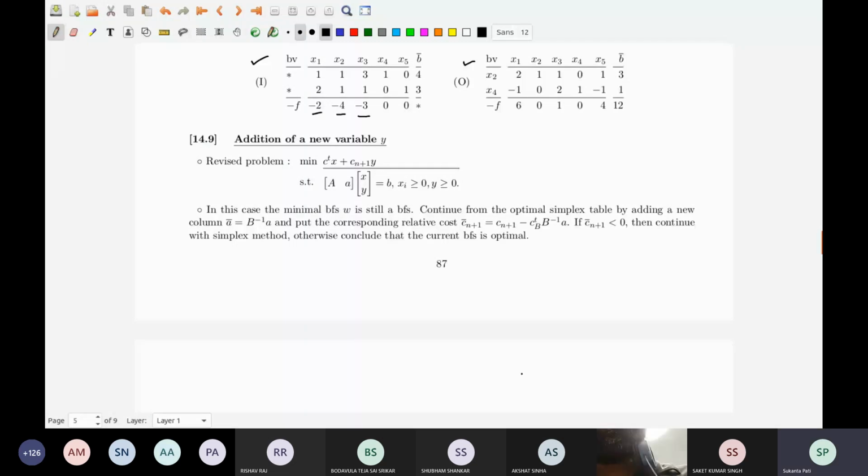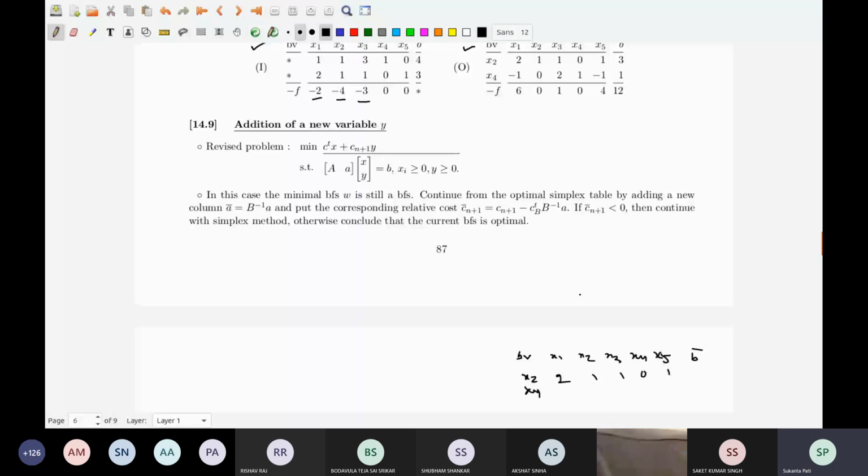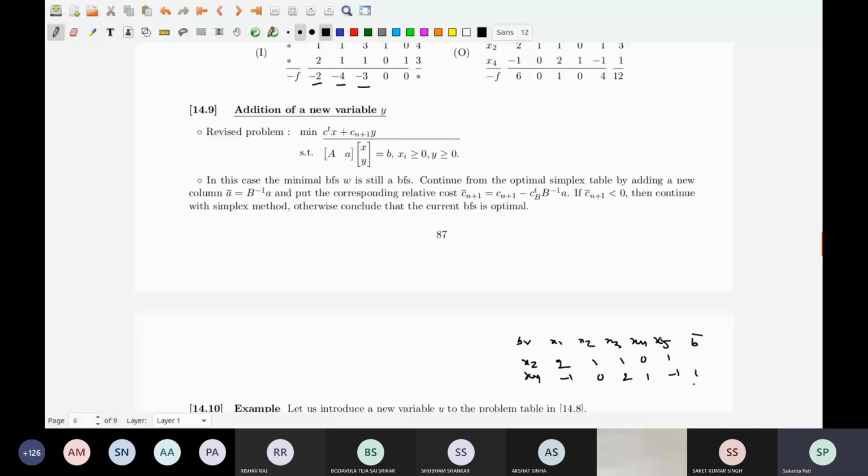X2, X4, X5, B bar: 2 1 1 0 1, then minus 1 0 2 1 minus 1 1, and then 6 0 1 0 4 12. Okay, that was my optimal table for the old problem.